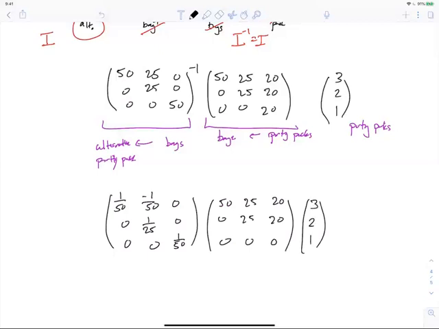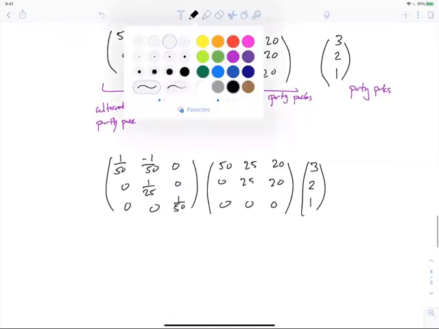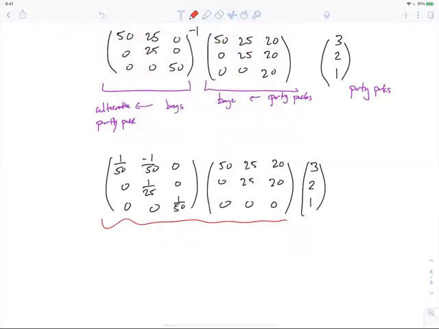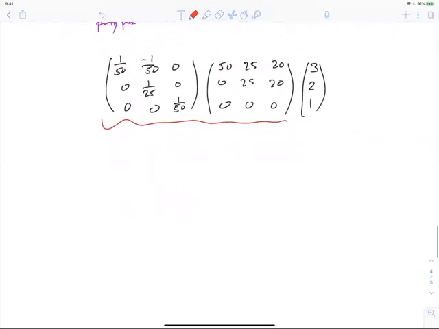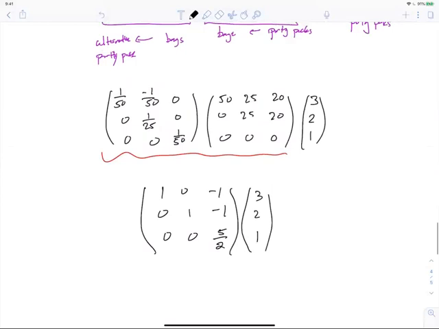All right, so we're finally going to be able to answer the question, what should we get at the end? If we multiply these two matrices together, we will end up getting 1, 0, minus 1, 0, 1, minus 1, and 0, 0, and 5 halves. So what this says, if we want to convert from one type to another, oh, that's backwards, hold on.